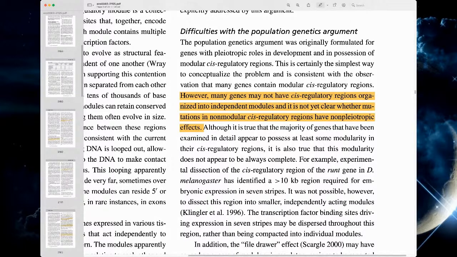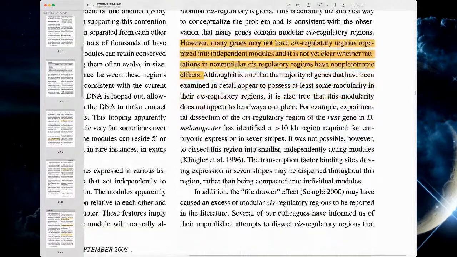It was not possible, however, to dissect this region into smaller, independently acting modules. The transcription factor binding sites driving expression in 7 stripes may be dispersed throughout this region rather than being compacted into individual modules. Okay.